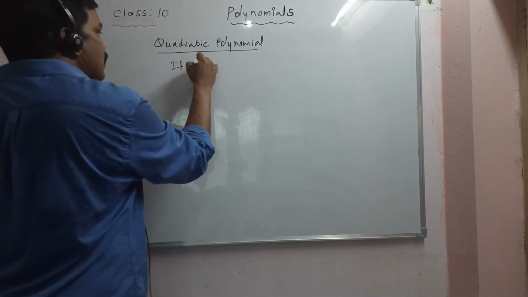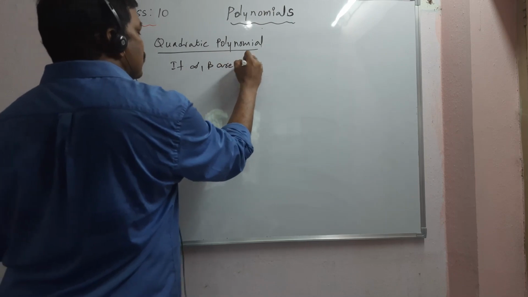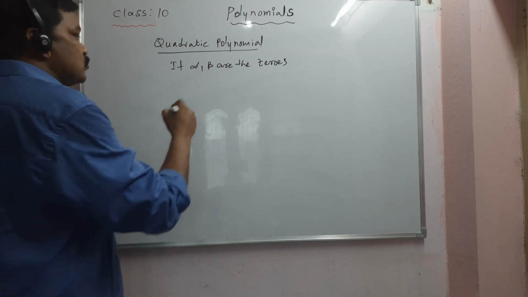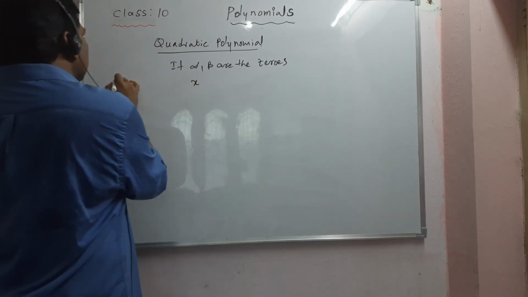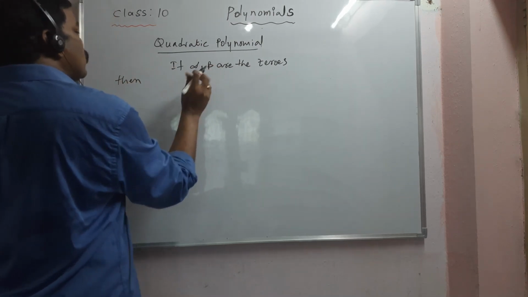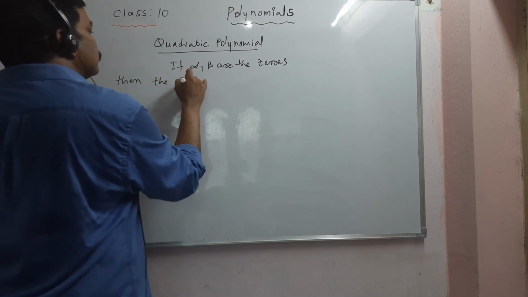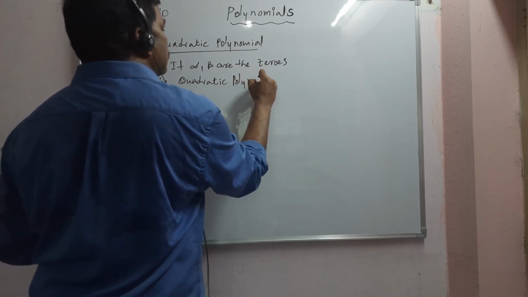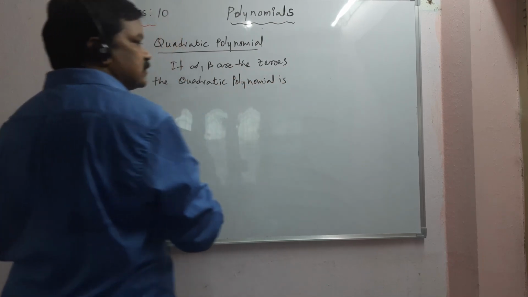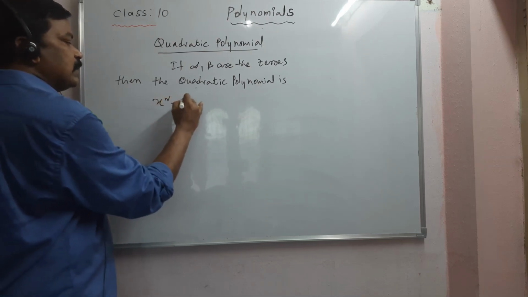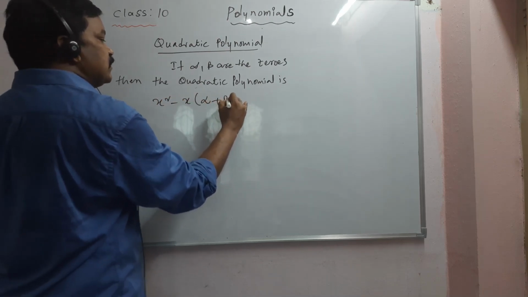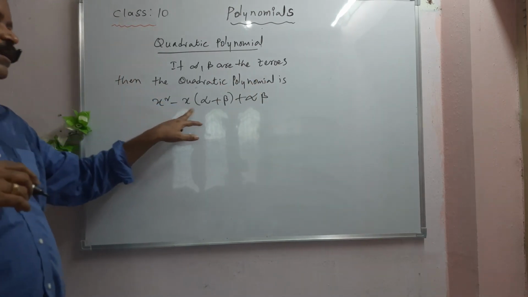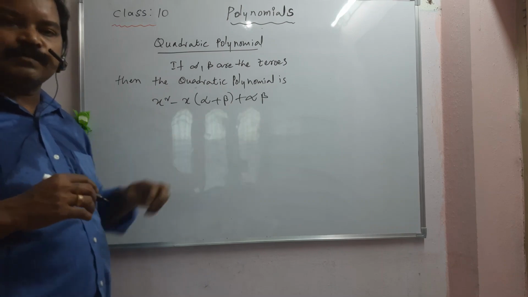If alpha, beta are the zeros, then the quadratic polynomial is x square minus x times alpha plus beta plus alpha beta.